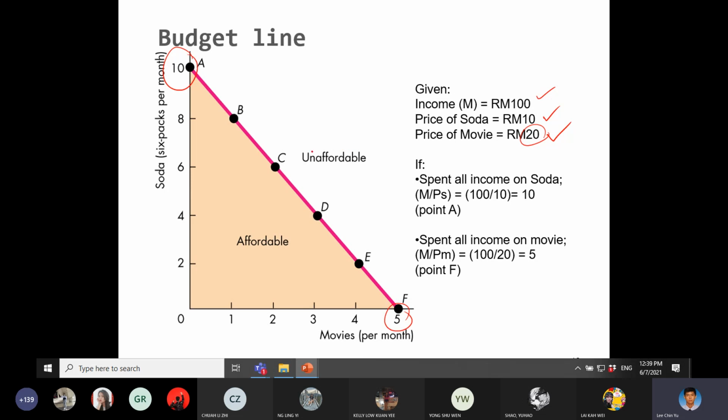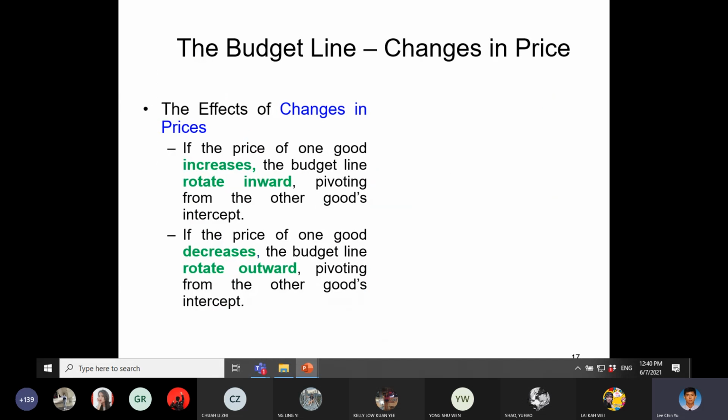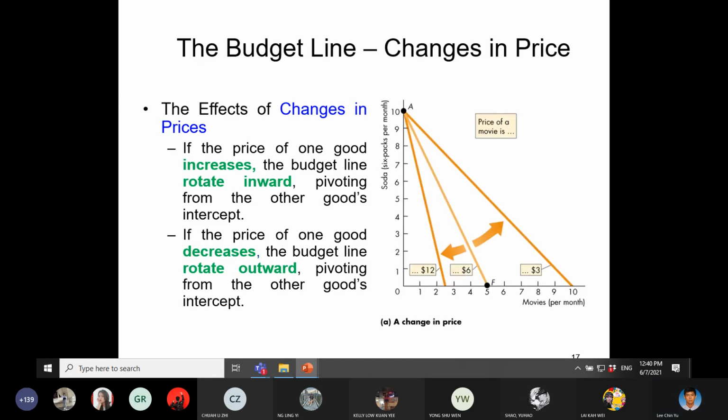So this is unaffordable, but this is affordable. Our income is fixed, the price of soda is fixed, and the price of movie is fixed, so we can draw the budget line, which is downward sloping. So affordable and unaffordable.